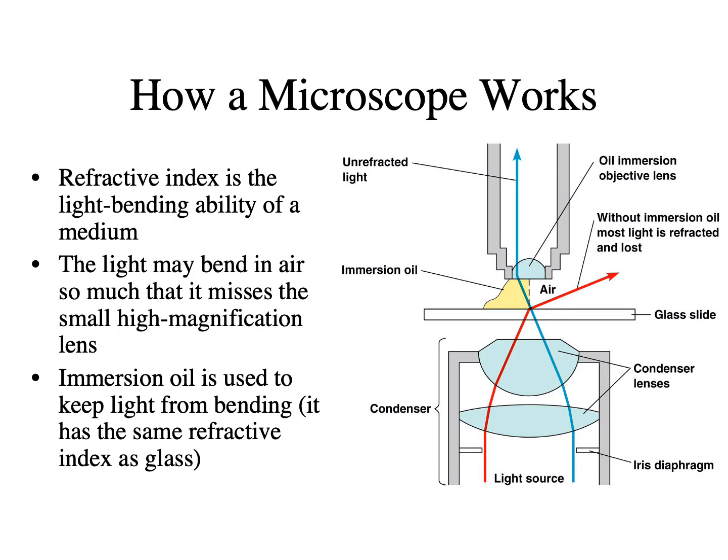It's a technique that is really common in microbiology, and I just want you to know that that's how immersion oil works. It basically has the properties of glass in terms of refraction, and it reduces the amount of light that bounces away and out of the microscope.